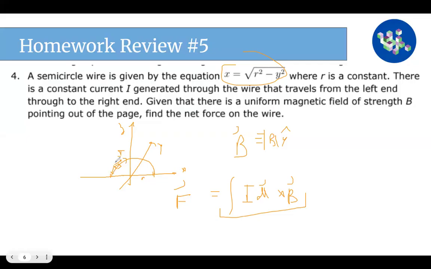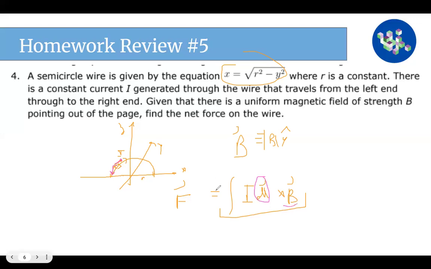When you do the cross product, you have to keep in mind there's an angle between the two vectors, so you need to take the perpendicular components of the two vectors. That will be changing as you go across the wire because the direction of your dl will be changing, but the direction of B will not be changing.